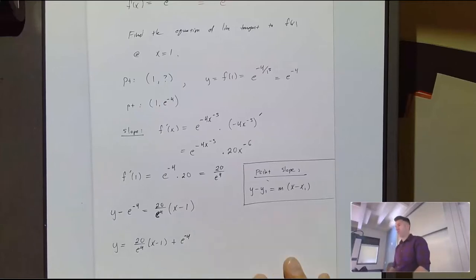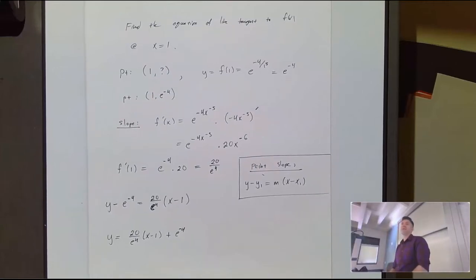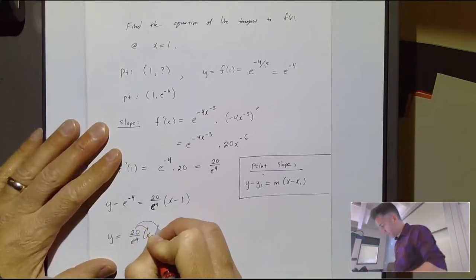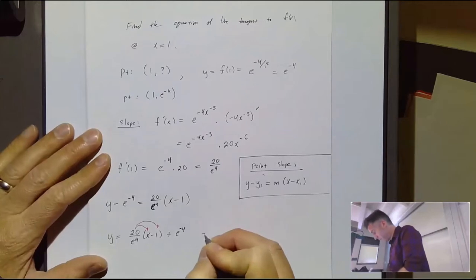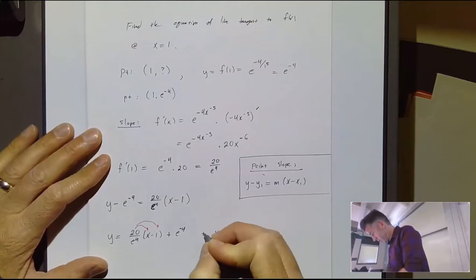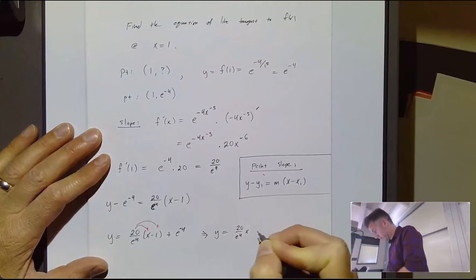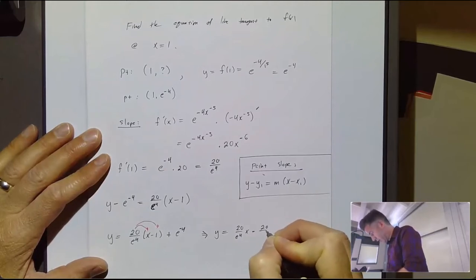Again, I would probably opt to leave it like this, but sometimes they really want you to find the slope and the y-intercept. So if you need to write it in slope-intercept form, we actually have to multiply it out and say, okay, I'm going to have y equal to 20 over e to the 4th x minus 20 over e to the 4th.